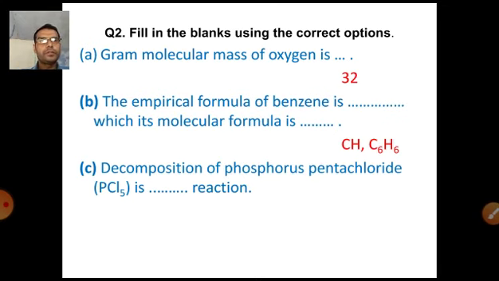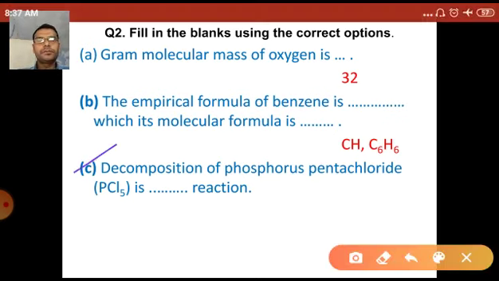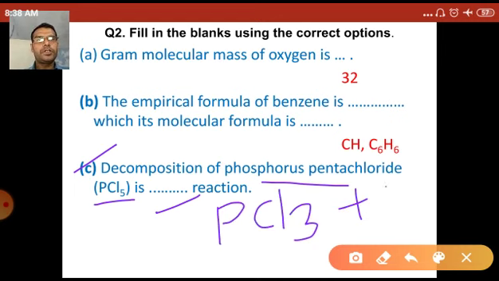Now the next question, C number, decomposition of phosphorus pentachloride PCl5 is which dash reaction. When phosphorus pentachloride decomposes, it forms PCl3 and Cl2 gas.